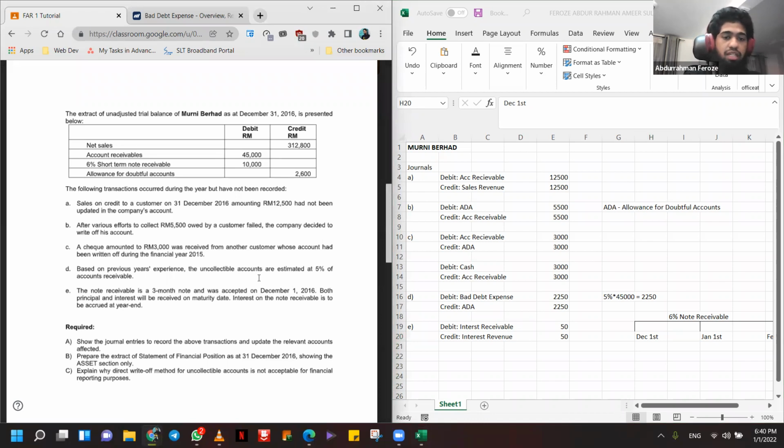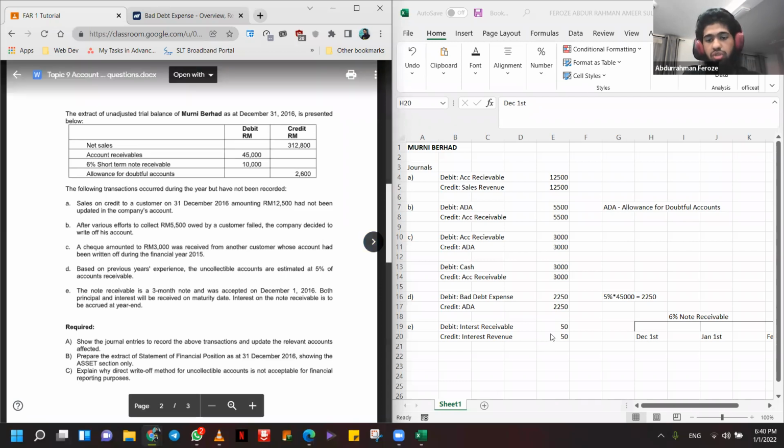So right now, this interest money that the company should receive is an accrued revenue. It's money they will be receiving, but the customer has not paid that amount yet. So at December 31st, the interest accrued is 50 ringgit, and this is how it is accounted for.